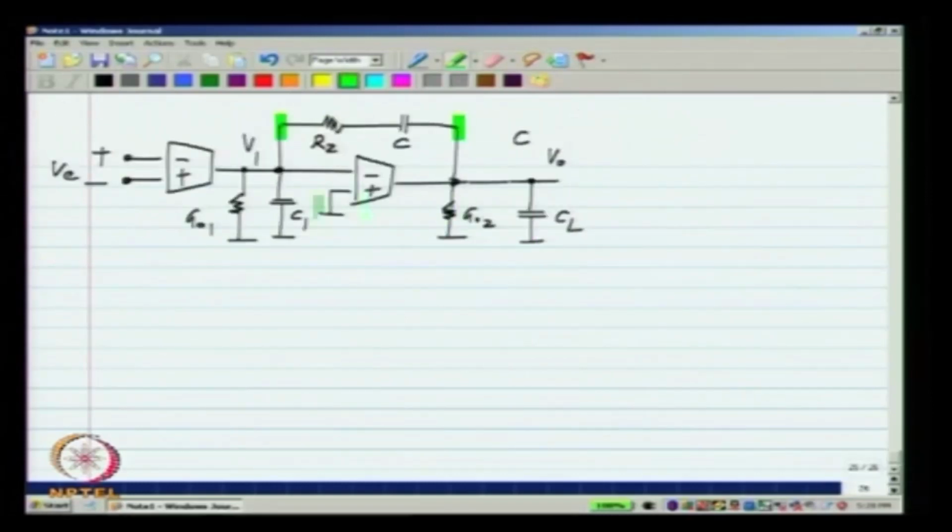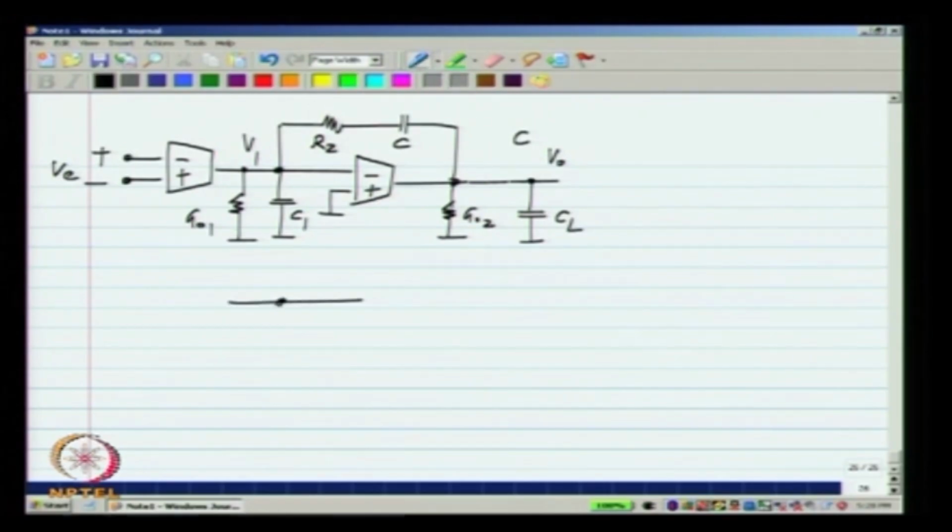Let me copy over this diagram. Now, the first pole will be associated with GO1 and the total capacitance that we see, it will be almost the same as before. There may be some terms due to RC, but they will not be dominant. Second one will again be due to GO2 and the capacitance associated with that, and the third one will be due to RZ and the capacitances associated with that one. So, what do we have there?